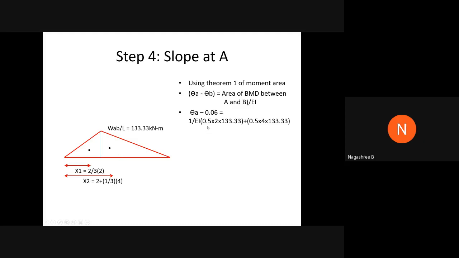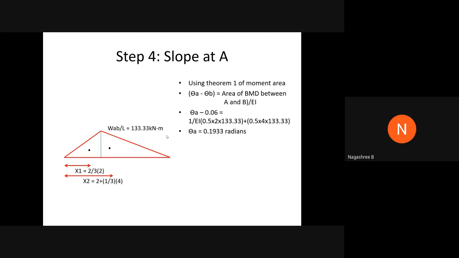The area of the first triangle will be half into base, 2 meters, into height, 133.33. Add that to the area of the larger triangle: half into base 4 meters into height, again the same maximum bending moment, 133.33. If I substitute and simplify, I'll get the value of theta A as 0.1933 radians.